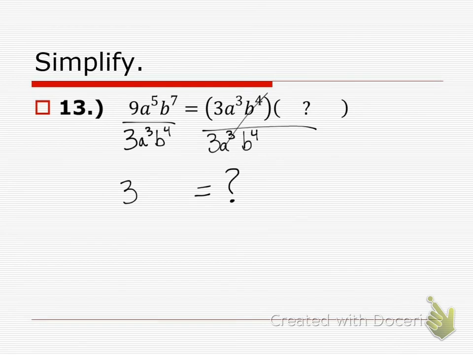A to the 5th divided by a cubed. When we divide the same base, what do we do to the exponents? Subtract them. We end up with a squared. B to the 7th divided by b to the 4th. B cubed. That's it. That's all we had to do. Questions about dividing our monomials?